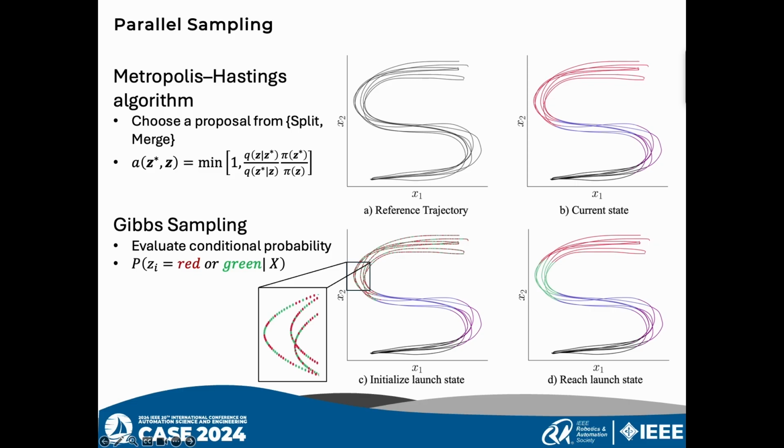Because those points can only choose between those two groups, we can actually evaluate the conditional probability in parallel. So we can update each data point assignment independently given the fixed Gaussian parameters. We can then evaluate the acceptance ratio to decide if we accept the proposal or not.